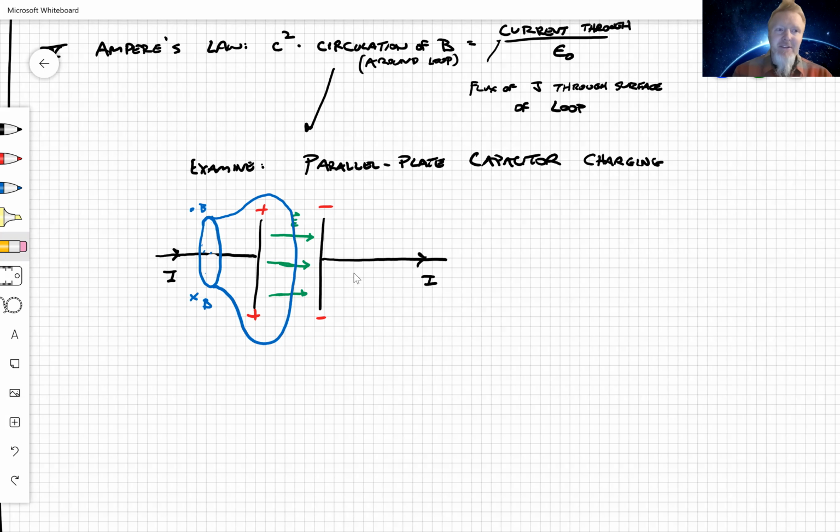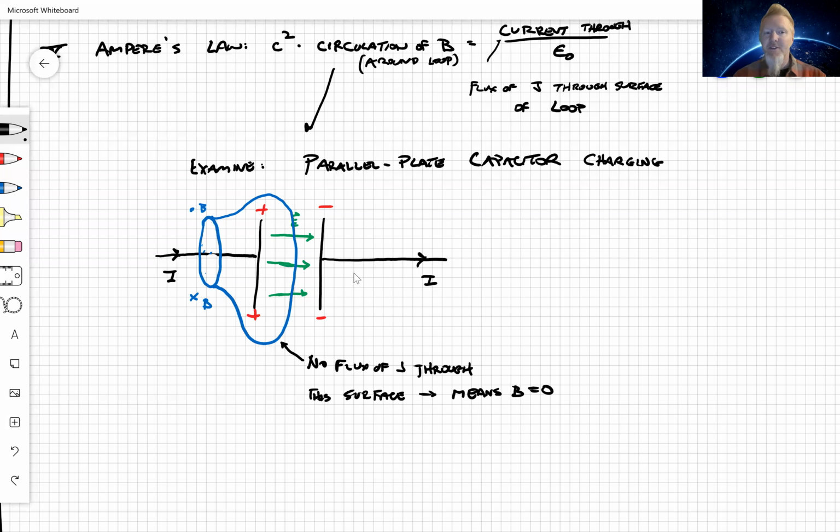Unfortunately, what that means is there is no current density. There's no flux of current density through this surface. And therefore, I would have to say that the magnetic field circulation around that loop is 0, which is absurd. So that means B equals 0 around the wire.